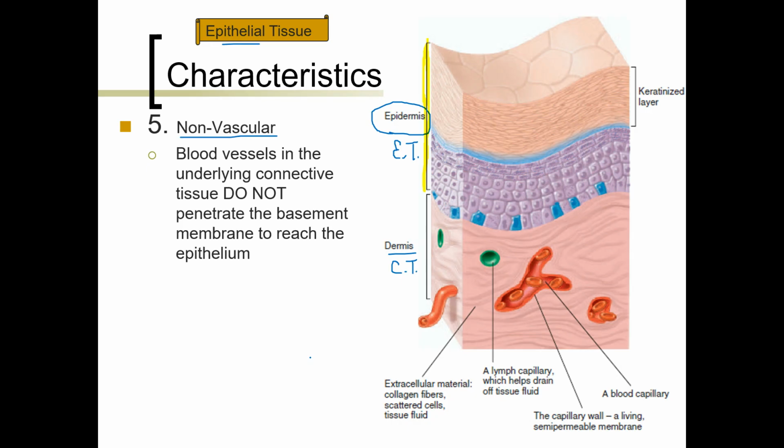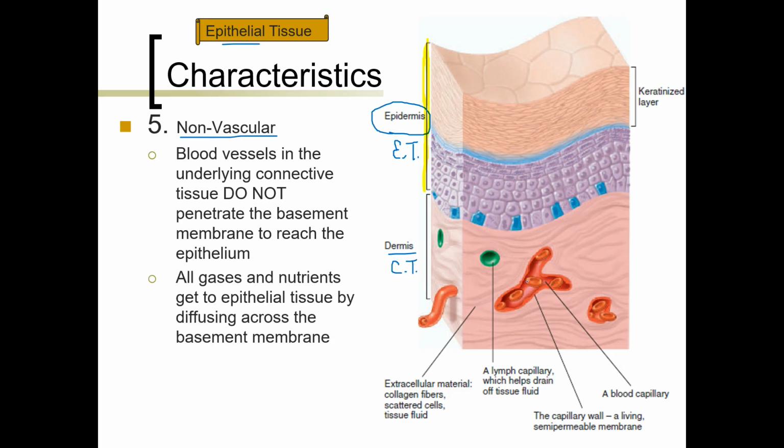And you may be thinking, well, if it doesn't have blood, how does it survive? How does it get oxygen? Well, the gases and the nutrients that are in the blood are going to diffuse up to the epithelial tissue above. And you can probably guess that that's not going to go very well. I mean, you're going to get these bottom layers of that epithelial tissue.